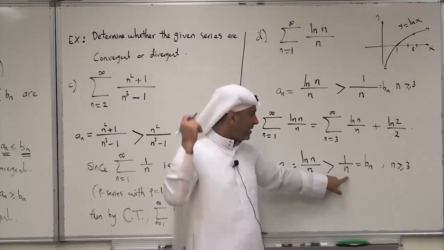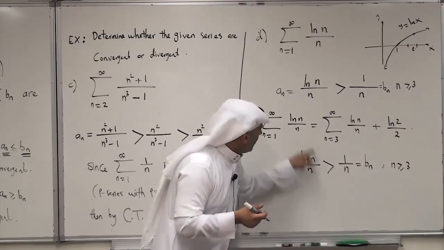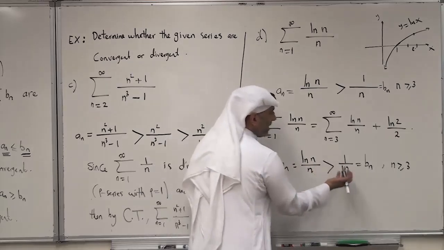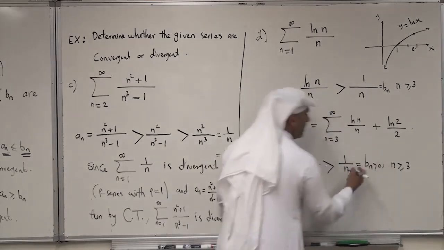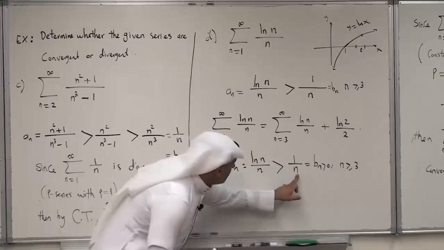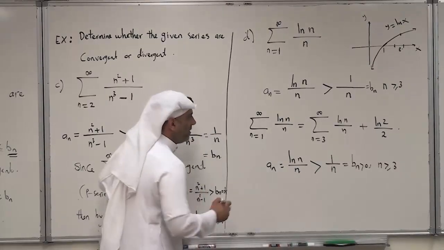Why is it divergent? For the same reason, it is a p series with p equal to 1. So what can we say about the larger one? Of course, both of them are greater than 0, positive terms. The smaller one is divergent, so the larger one should be divergent.